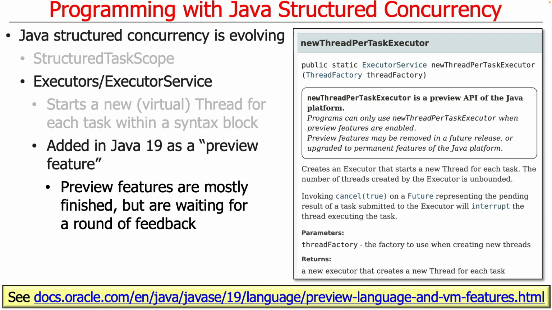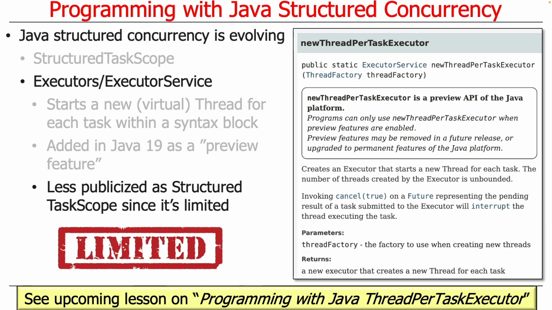That means it's a little further along than an incubator feature, but it still might change a little bit, and it has in fact changed a bit over time. You can learn about preview features more generally. So Executors ExecutorService is a preview feature, and StructuredTaskScope is an incubator feature. Neither of those things really matters all that much for our purposes. Just be aware that some of this may change over the next year or so.